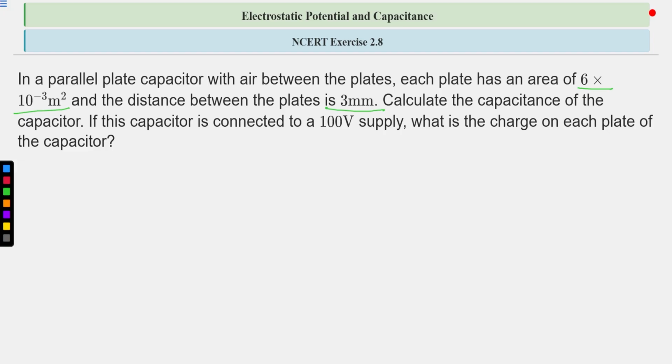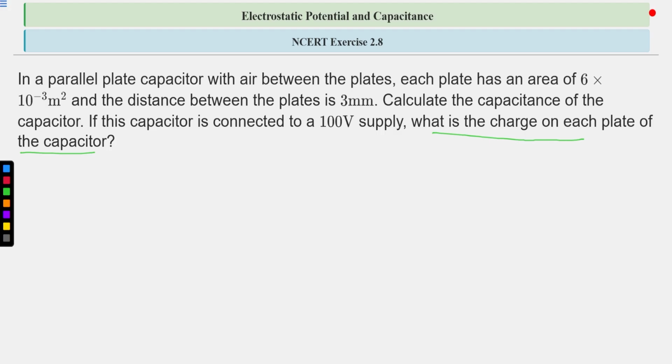Calculate the capacitance of the capacitor, and there is air between the plates initially. If this capacitor is connected to 100 volt supply, what is the charge on each plate of the capacitor? So you have to find the charge on each plate of the capacitor.